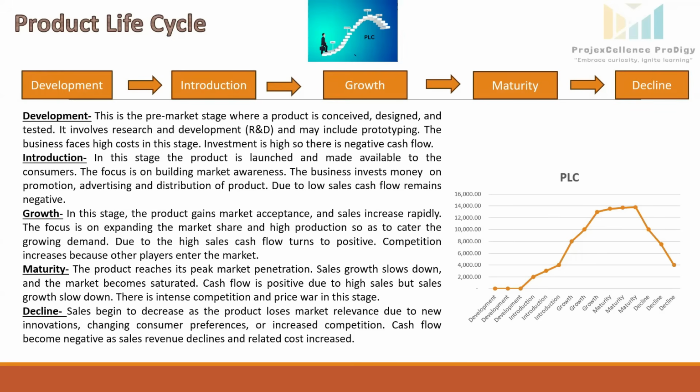Next stage is maturity. Sales peak as the product reaches its maximum market penetration. The mobile phone maintains a stable market share. Manufacturing costs are optimized, but the business spends money on marketing and promotional activities to maintain the market share.